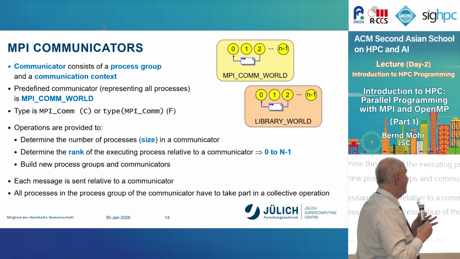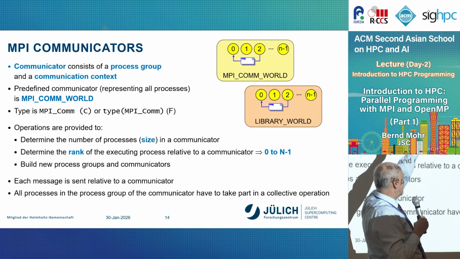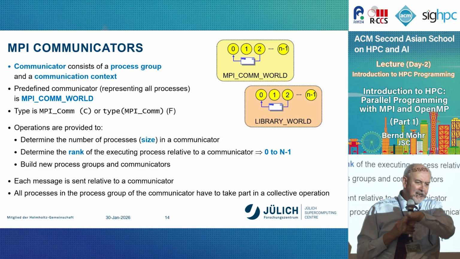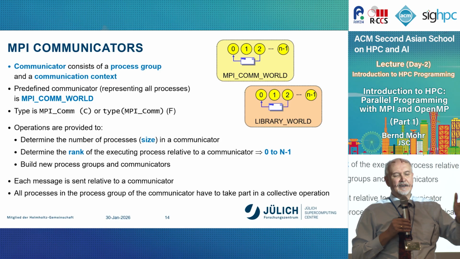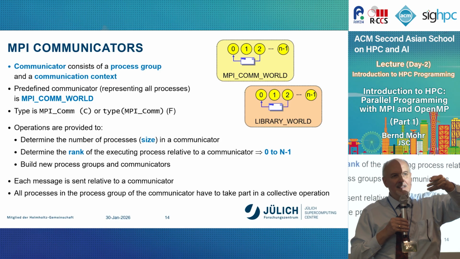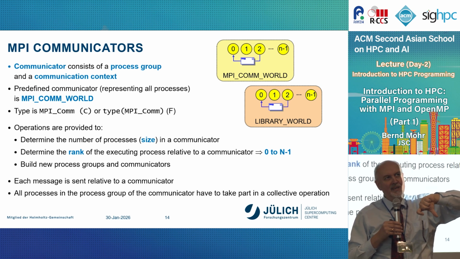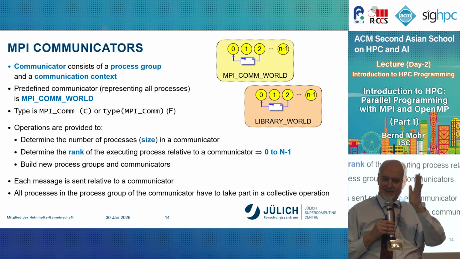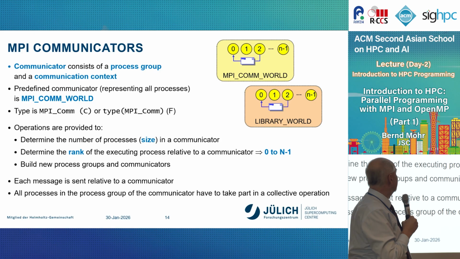Normally, as a simple way, everyone starts with using MPI world. Then you have special things. You say, okay, the left half of the processors do something different than the right half. You can create a subcommunicator by saying, I want a new communicator which only has processes 1 to 5, and then I create another communicator with 6 to 10.